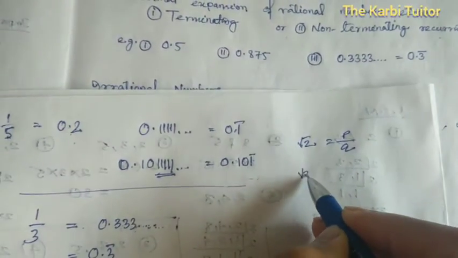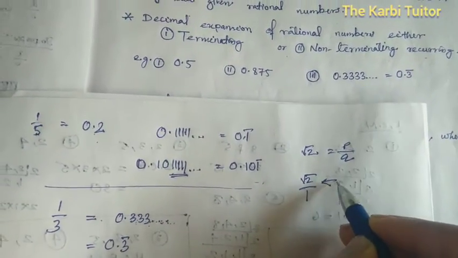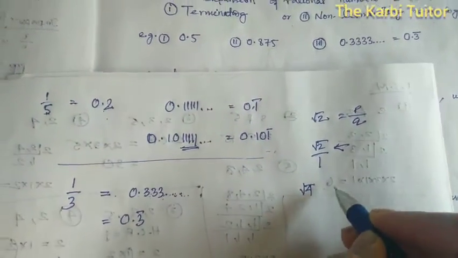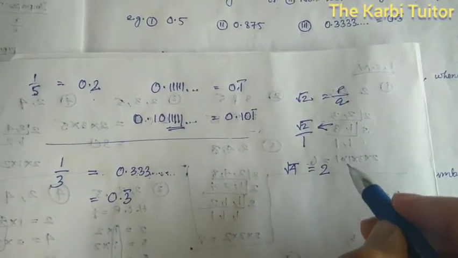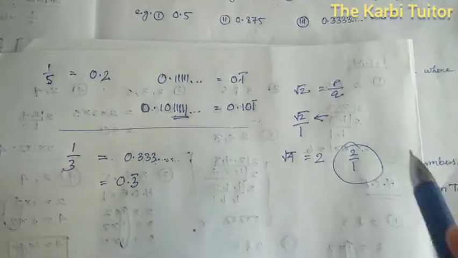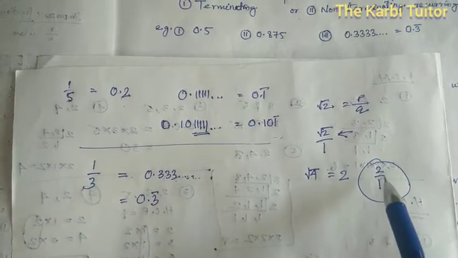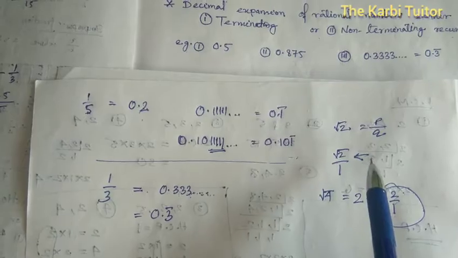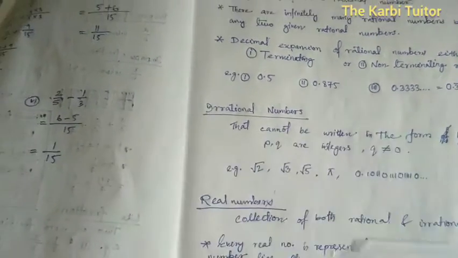Yes, we can write root 2 by 1, but root 2 is not an integer. Suppose we consider root 4, then we can write it as 2, considering only the positive value. So 2 by 1 we can express in the form of p by q. So root 4 is a rational number, but root 2 is not a rational number, it is an irrational number.